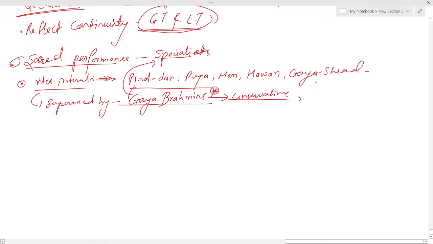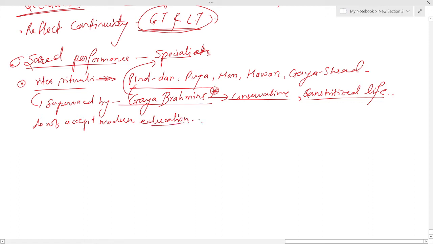Now, these people, the Gaya Brahmins, live a highly Sanskritized life. And they do not accept modern education.